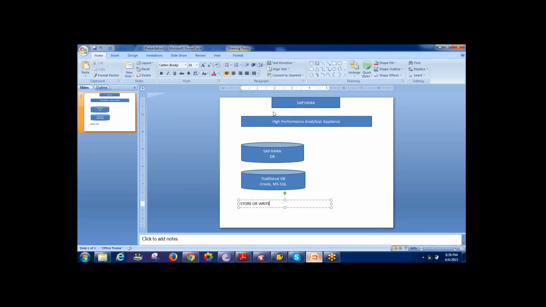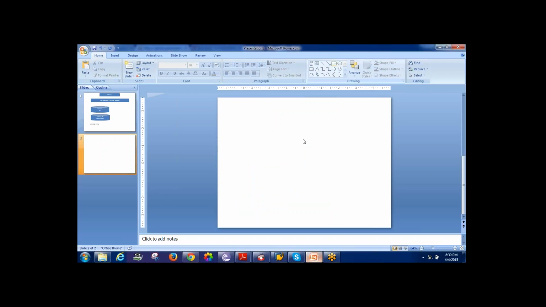So what happens when I'm directly writing into the database? In the case of OLTP, what is this OLTP? These systems are referred to as OLTP.